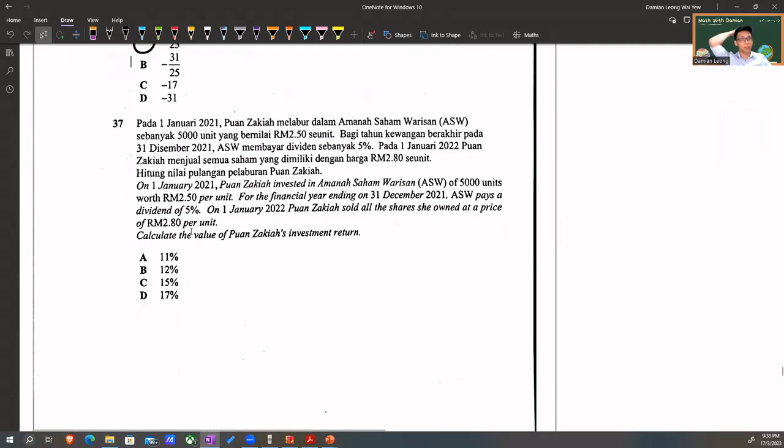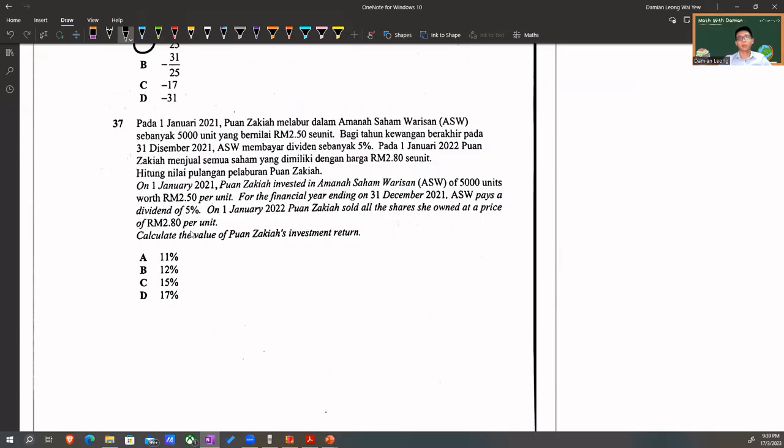Question 37. On 1st of January 2021, Wan Zakia invested Amanah Saham Warisan 5,000 units worth RM2.50 per unit for the financial year ending 31st December 2021. ASW pays dividend 5%. Then on January 1st, 2022, she sold all her shares at this price. So they want the value of Wan Zakia's investment return, means the return on investment.